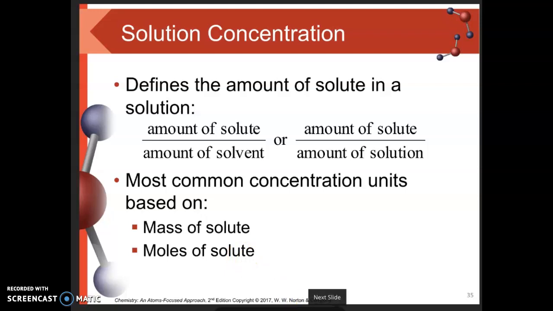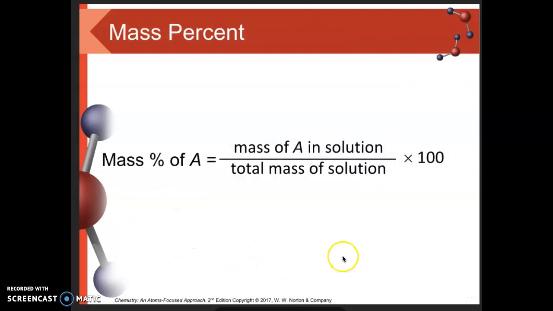So let's start with probably the one that we're the most familiar with, mass percent. We've used mass percent in a number of different ways when we talked about percent compositions in Chapter 7 or empirical formulas in Chapter 2. This has come up before.